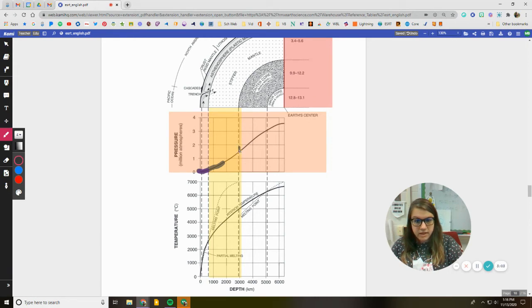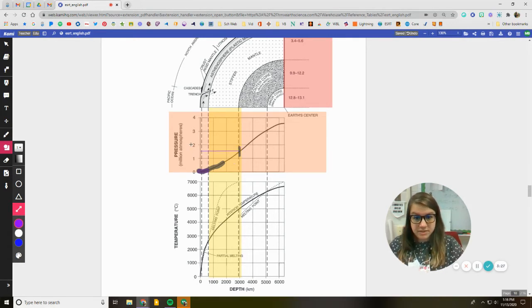If I follow this straight across at my 90-degree angle, I would see it's about 1.5 million atmospheres.